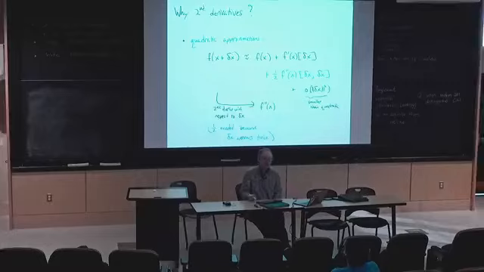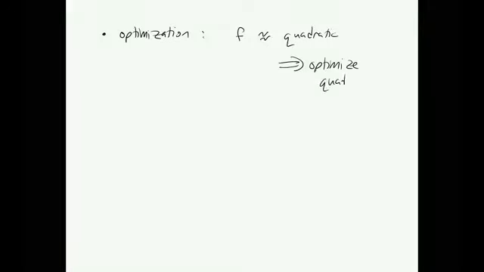So, linear approximating things by other things is useful. Approximating things by quadratic functions is useful. So, for example, if you're doing optimization, we approximate f by approximately a quadratic, and then optimize the quadratic to get a step.